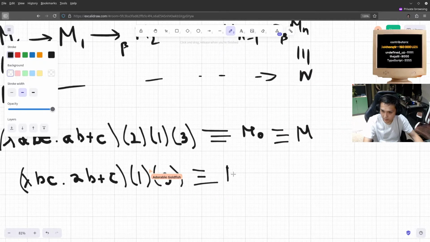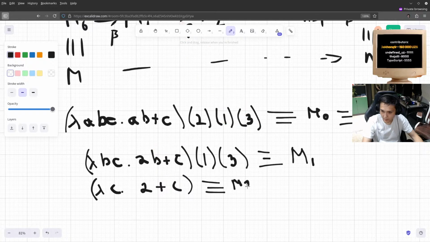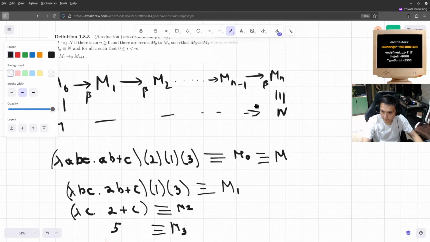Am I going right? Yeah. So basically, we can say that this is M1, this gets reduced to this, and then it will be reduced again. So we can say that's the M2, and we end up with 2 plus 3, or no, just 5, I guess. Yeah. Right.